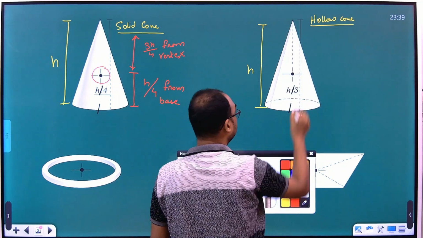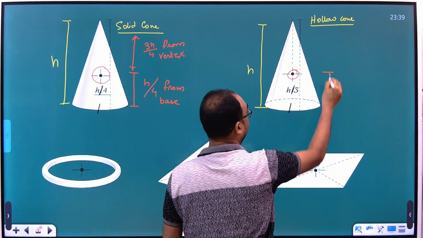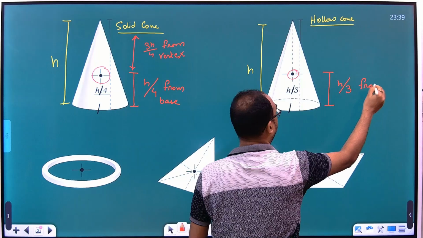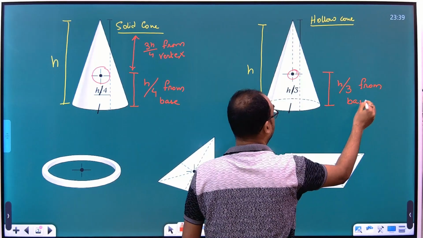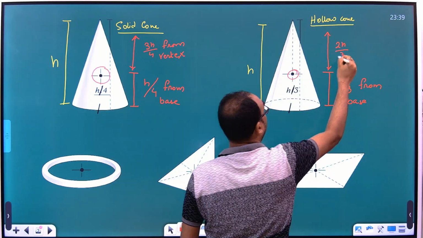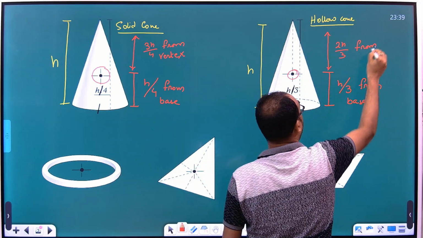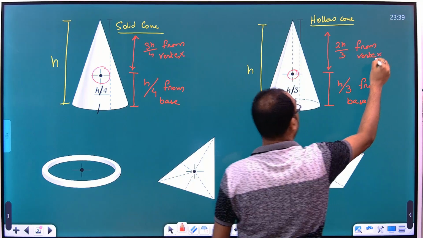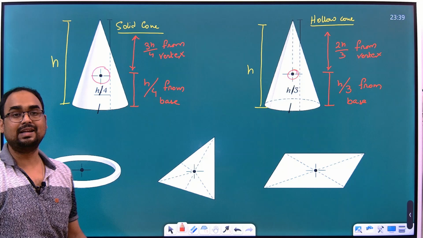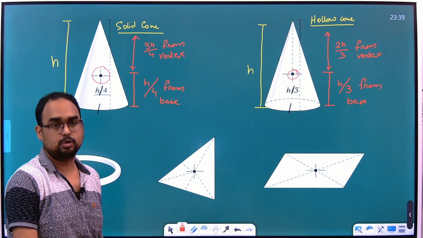For a hollow cone, the center of gravity will be h by 3 from base and 2h by 3 from vertex. So you can see that the center of gravity of a hollow cone is a bit higher than the solid cone.